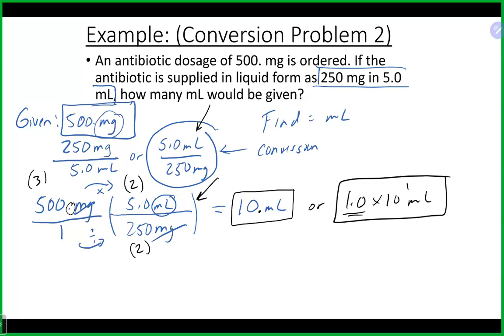If it's any type of metric to metric conversion, like centimeters to meters, grams to kilograms, straight up exact, you don't have to worry about it. If it's any type of English to English conversion, like 12 inches is a foot, straight up exact number, don't even worry about it. The only place where you do have to look at it is if you cross over from metric to English, like the 946 milliliters is a quart.